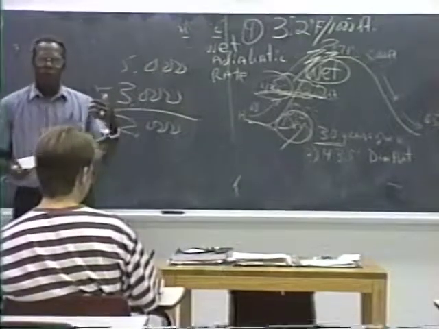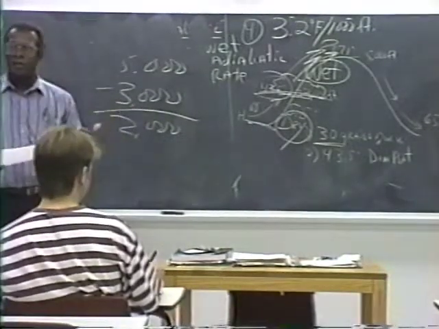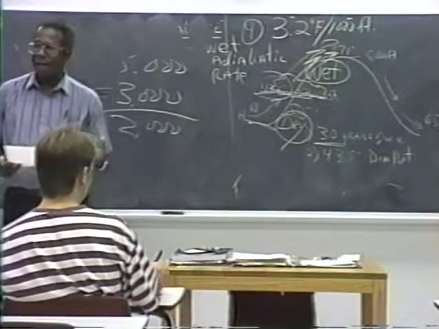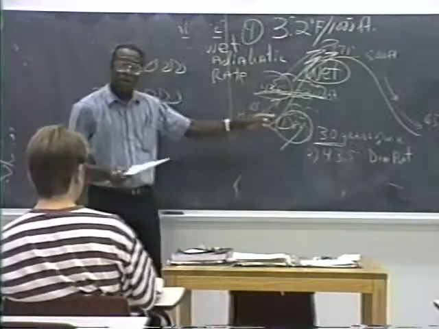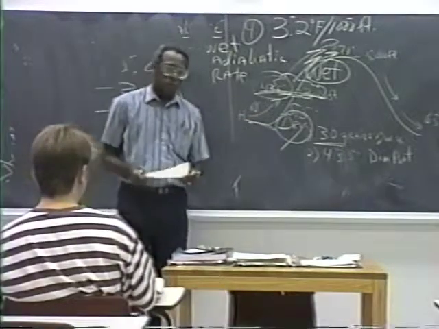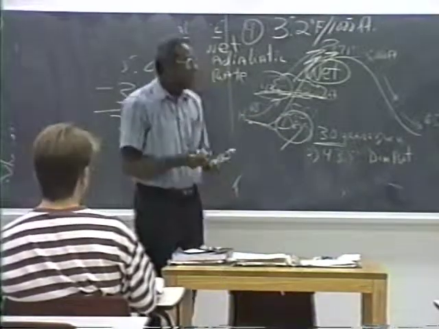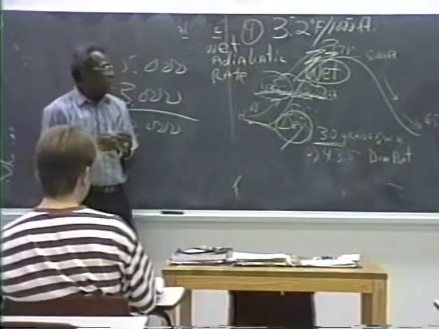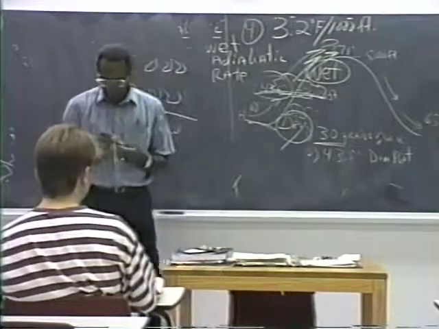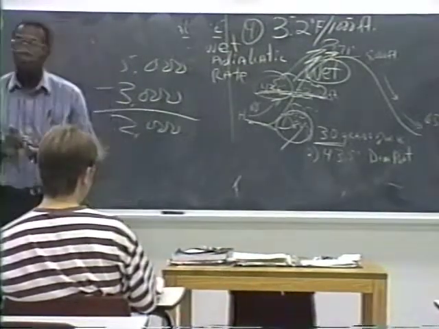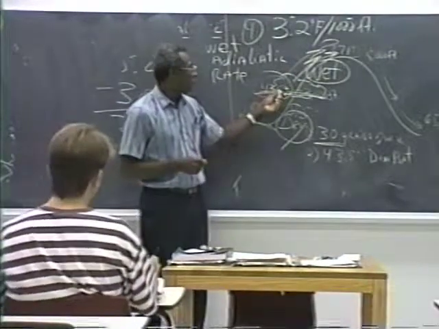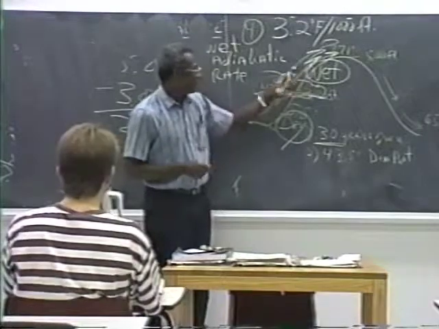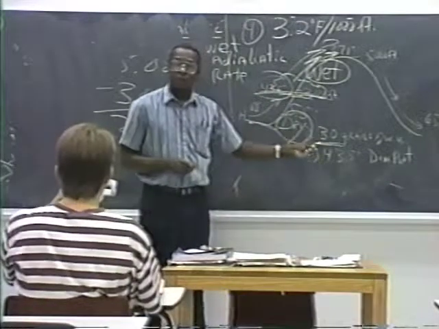Now, we might ask the question, why is the rate less than 5.5 degrees Fahrenheit per 1,000 feet, as it is with the dry adiabatic rate? Well, you remember that the air is releasing moisture. Remember that the air has 3 grains of water vapor in it.